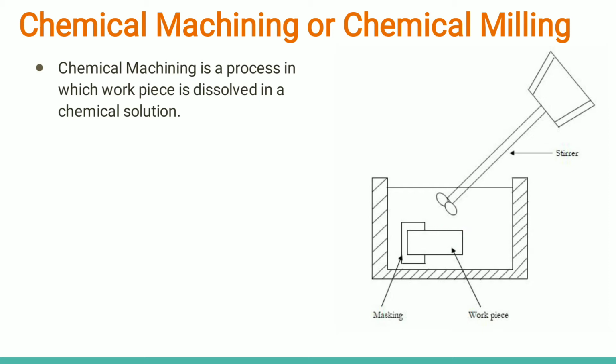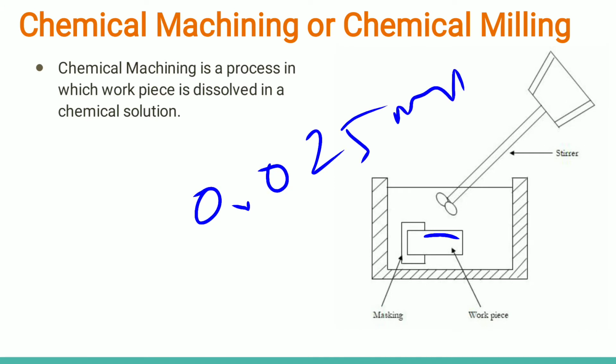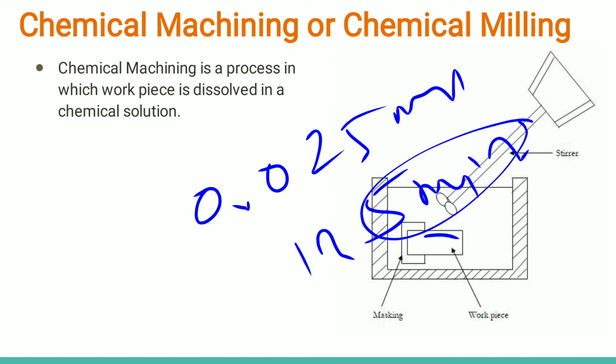For example, whatever agent we are using reduces the thickness by 0.025 mm in 5 minutes. So for the first 5 minutes we keep it in, and this thickness is reduced from this side of the workpiece.